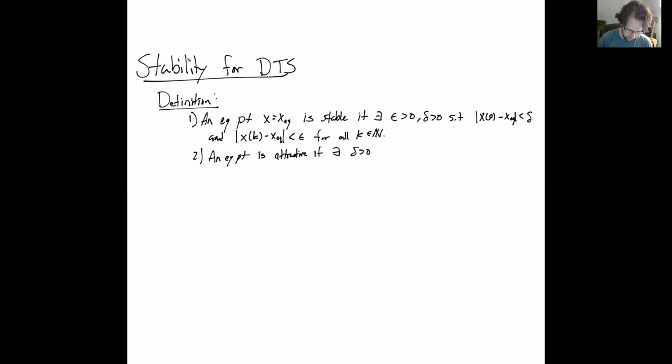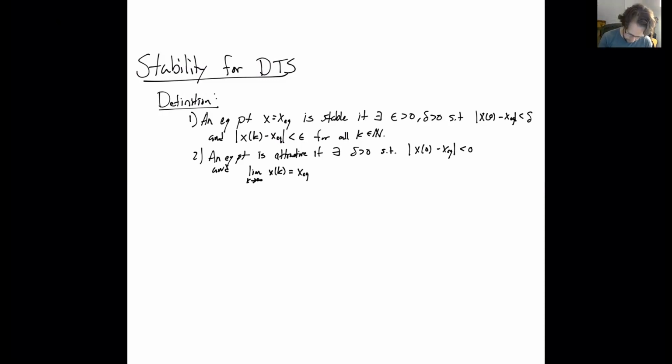If there exists a delta greater than 0 such that we bound the initial conditions, the distance of the initial condition from that equilibrium point, and the limit of the solution as k goes to infinity is equal to that equilibrium point.